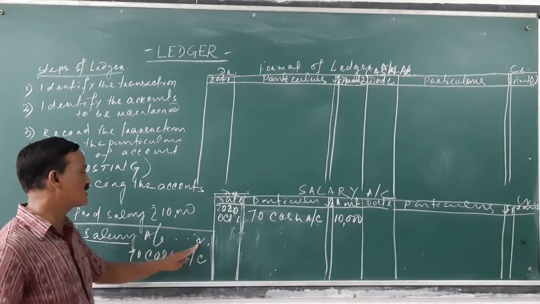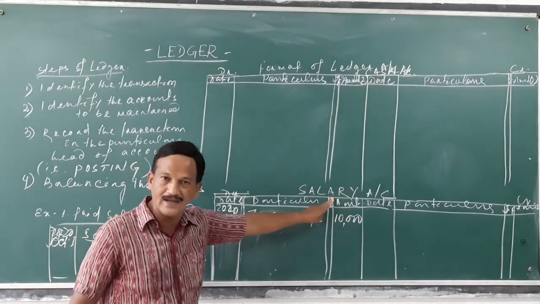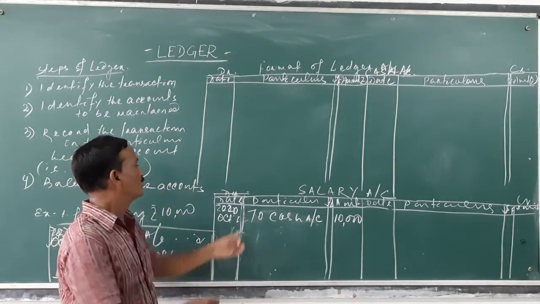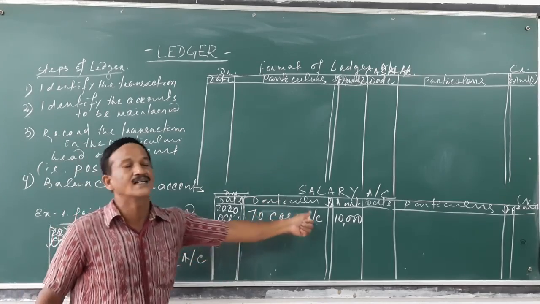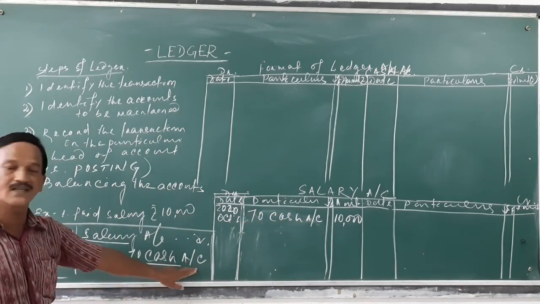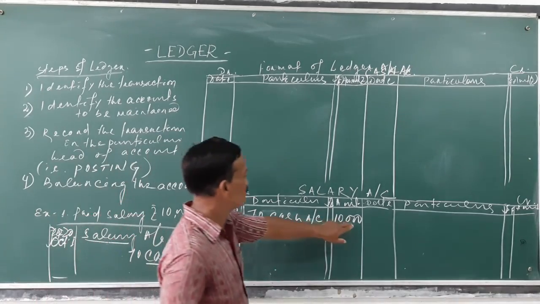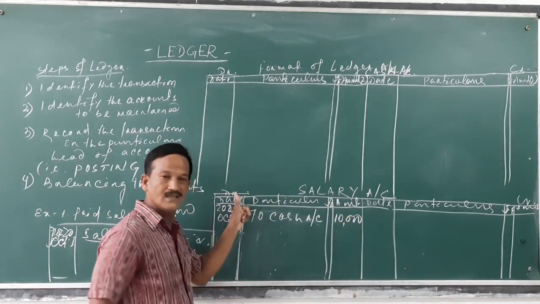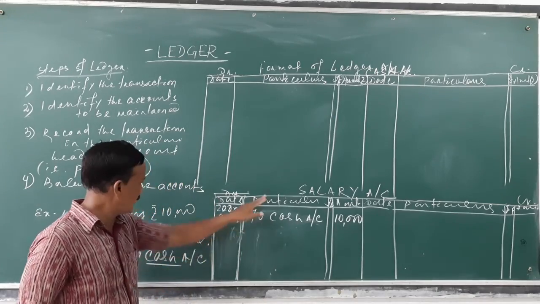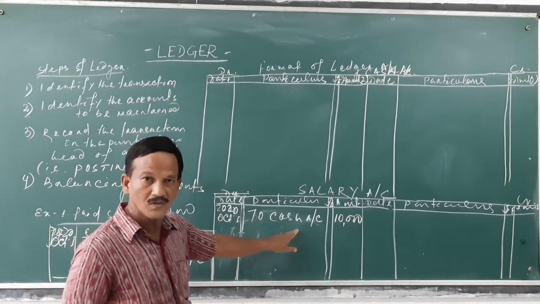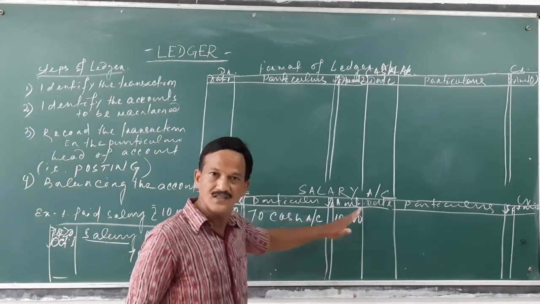Here the salary account is debited, and we are maintaining the salary account. So write in the particulars column "to cash account", the opposite one, because the cash account is credited. Since it is the debit side, write "to cash account, 10,000 rupees."